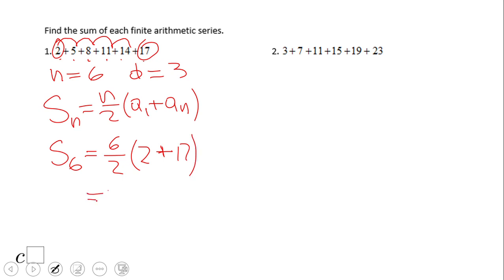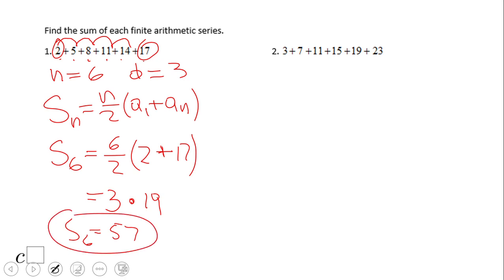So we end up with 6 divided by 2 is 3, times 19, easy math, 57. S sub 6 is 57.